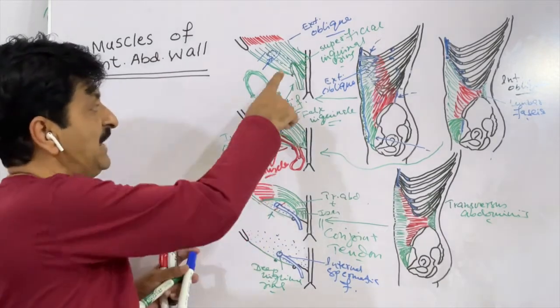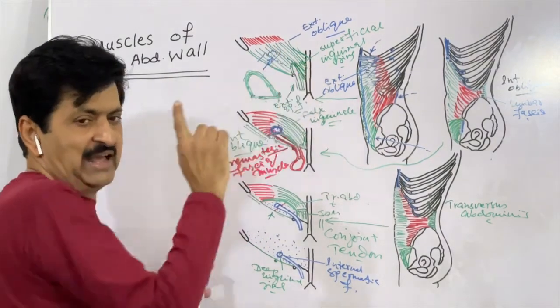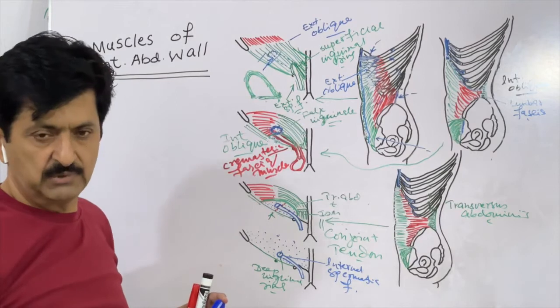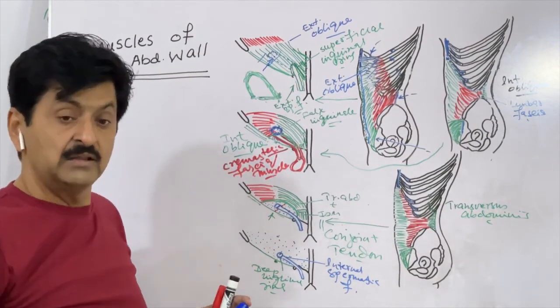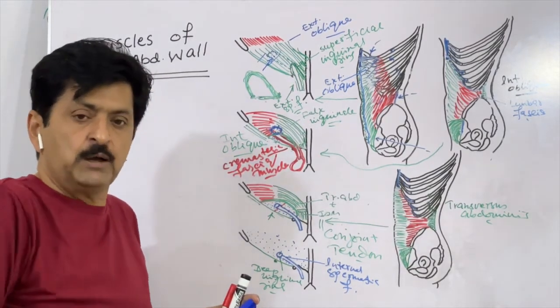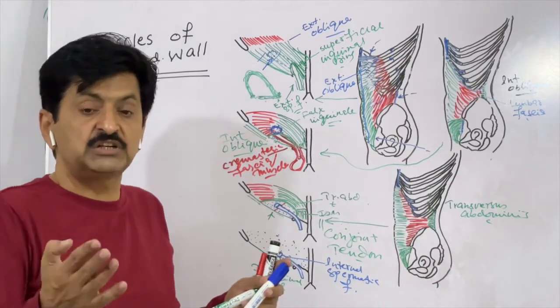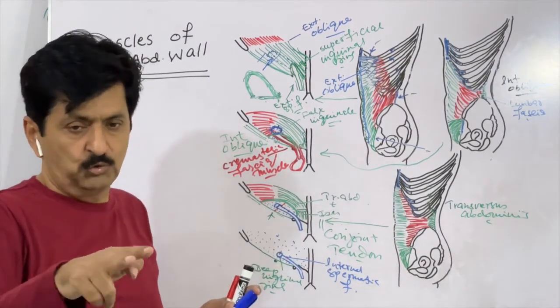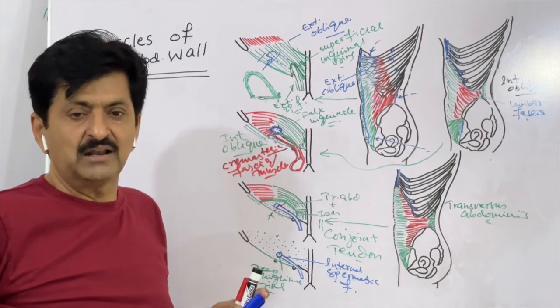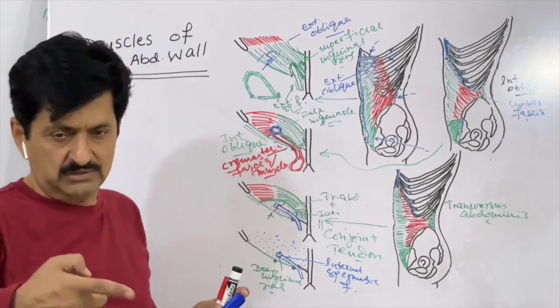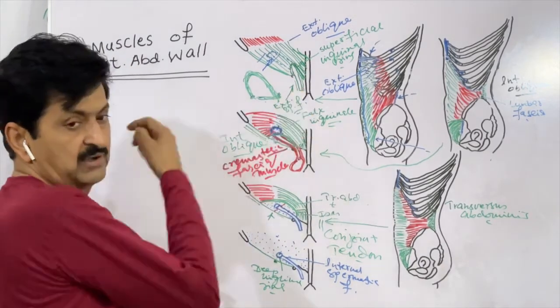So when the anterior wall most medially has a defect, this is the superficial inguinal ring, then the posterior wall will not just be formed by fascia transversalis, but it will be reinforced by two more muscles, the internal oblique and transverse abdominis. This is the conjoint tendon which was giving the support.